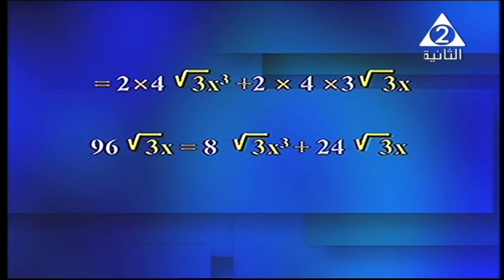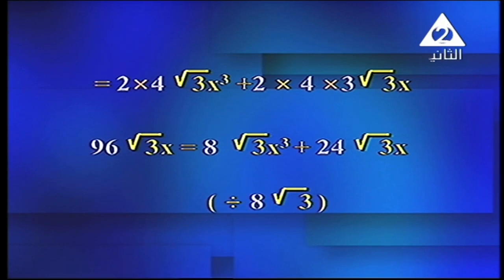Therefore, left hand side equals right hand side, so the equation is 8√3 x^3 + 24√3 x = 96√3 x.